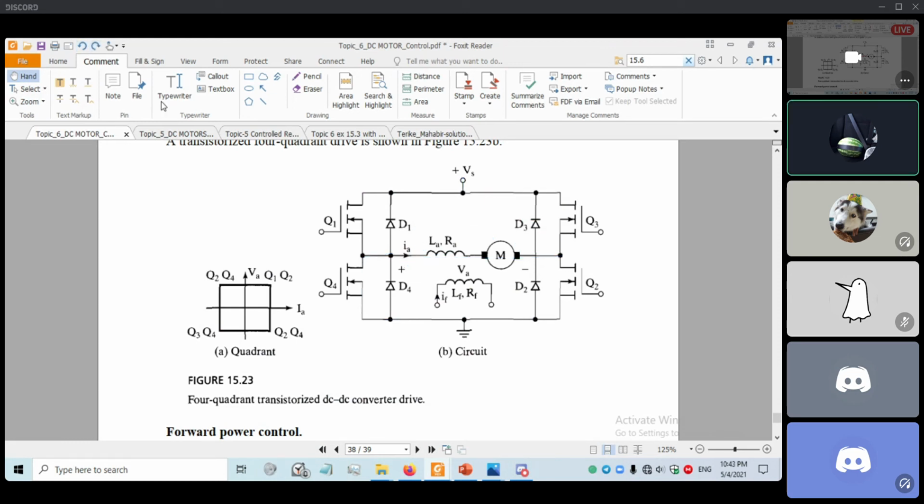So let's draw that. When Q3 is turned off and Q4 is turned on, we get this circuit now, and this was the original EG. The armature is still turning, but then the inductor voltage will flip to this now to maintain IA in the circuit.